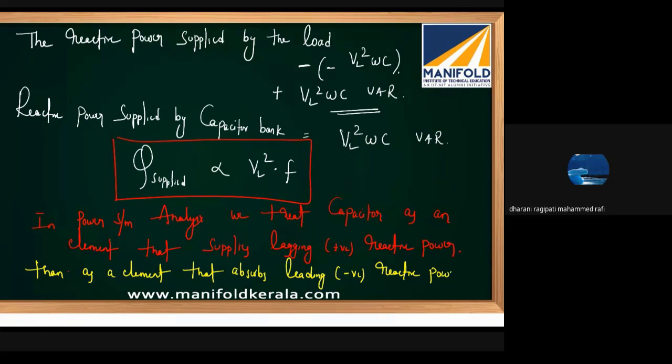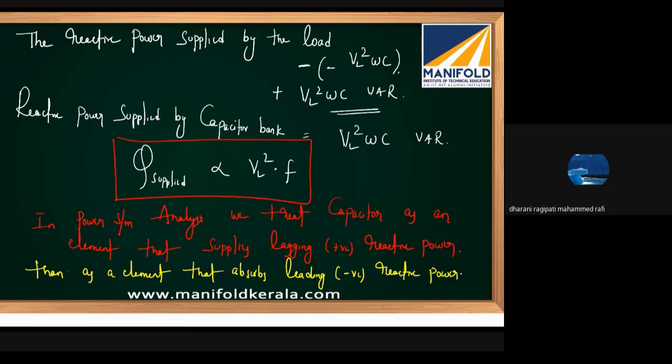Very, very important point. So we treat all the capacitive devices as the elements that supply the lagging reactive power rather than treating them as the elements that consume the leading reactive power.